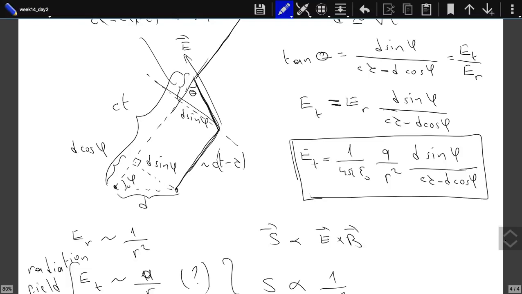Now, so we are over here. Well, it is still 1 over r squared. D is, what is D?